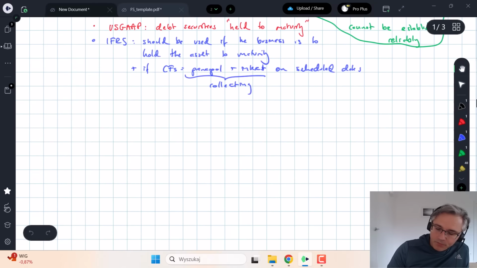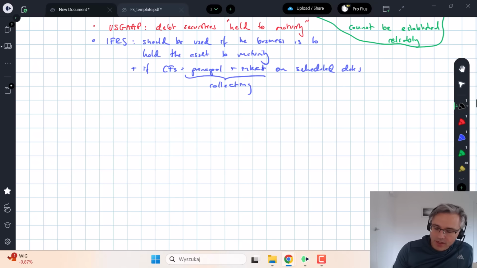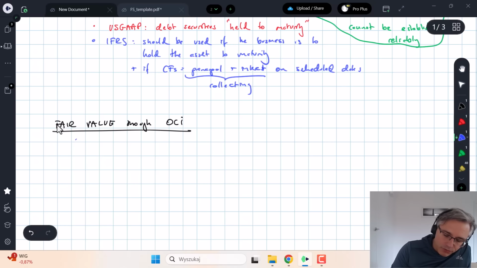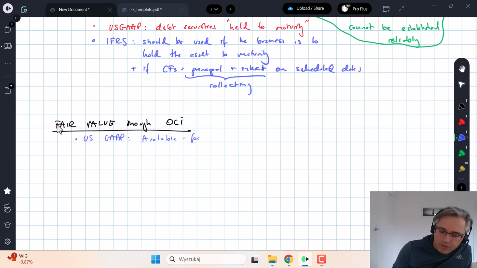Right. Let's put down a couple of notes on this approach, especially when it will be applicable. So this is fair value through so-called through OCI, other comprehensive income. Well, US GAAP says this should be used for available for sale debt securities.